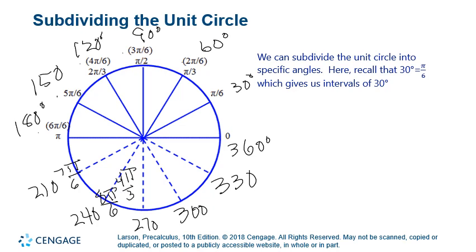And you can keep going around the unit circle until you get back to 12 pi over 6, which is 2 pi. So there's a really nice way to remember your radian values for multiples of 30.